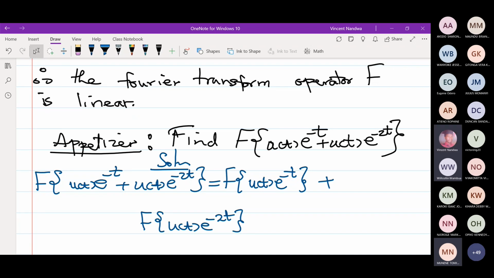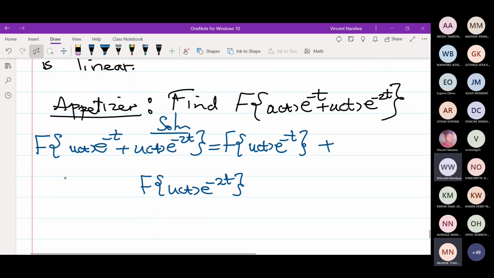And as usual, I know this is a reliable group. We shouldn't struggle on the first part. What was the value in this case? The Fourier transform of u of t e raised to power minus t.